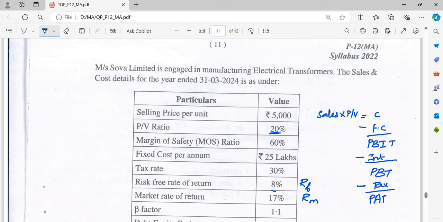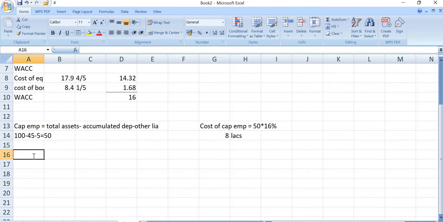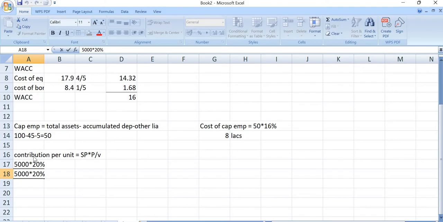So let's calculate contribution per unit, that is selling price into PV ratio. Selling price is 5,000. My PV ratio is, they have given 20%. So my contribution will be 1,000 rupees.